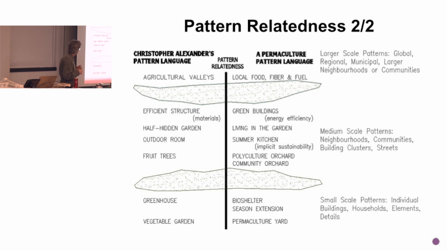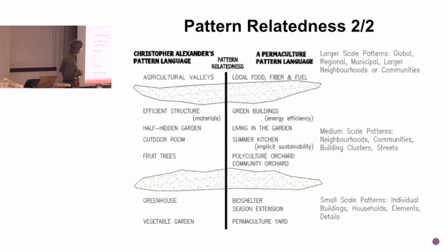So he's talking about green buildings, and we're talking about green buildings now, and how to make them the most energy efficient. So that must be an emerging pattern in today's world that wasn't so important in Christopher Alexander's time. And you can read through these.